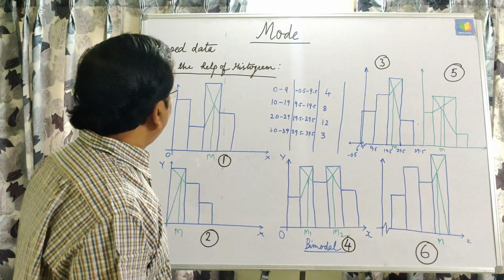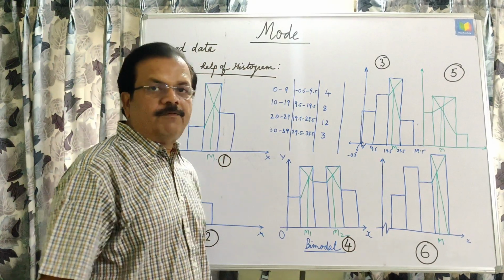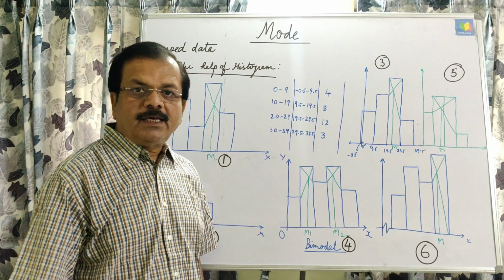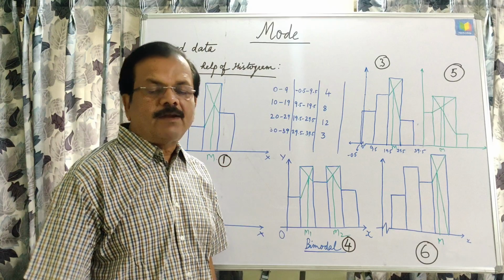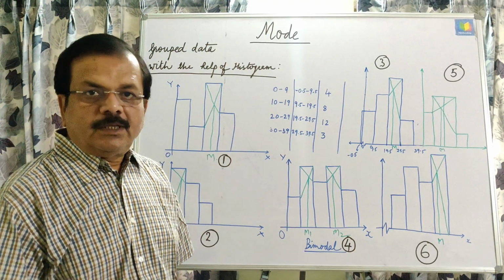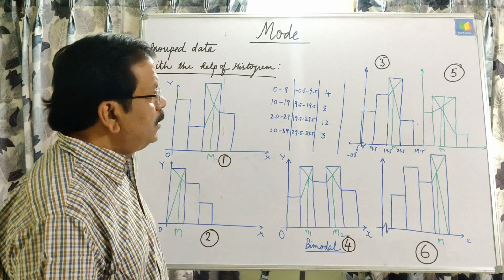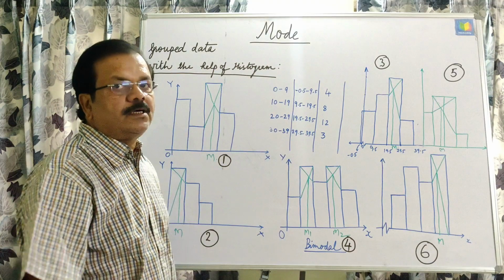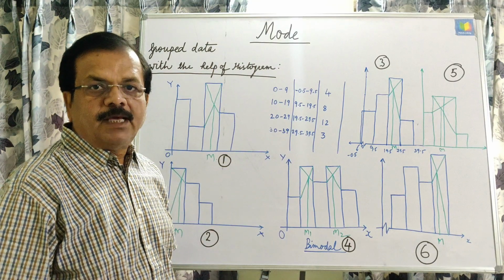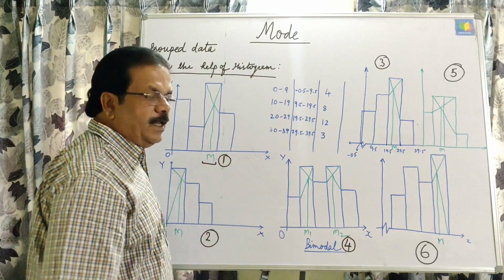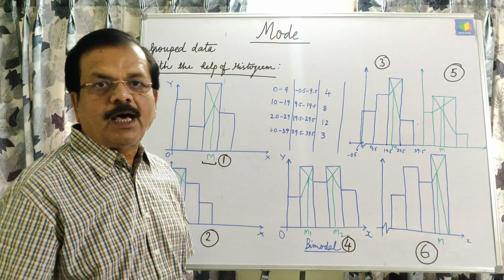But in case of grouped data, we cannot identify it by observing, and that is why up to class 10 we are finding mode with the help of a histogram. The block which is of maximum length, having the maximum frequency, that class will be named the modal class.